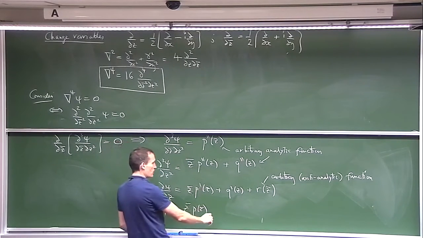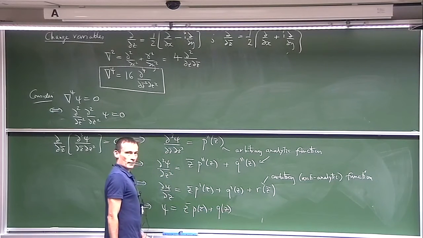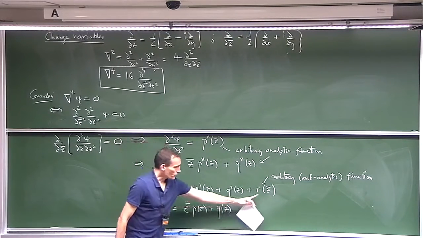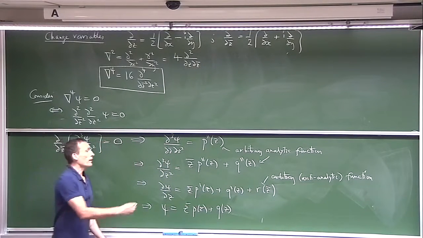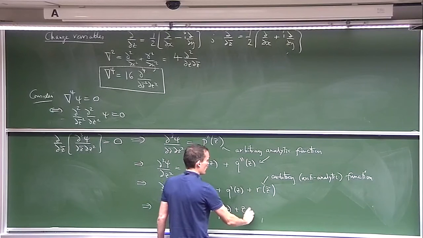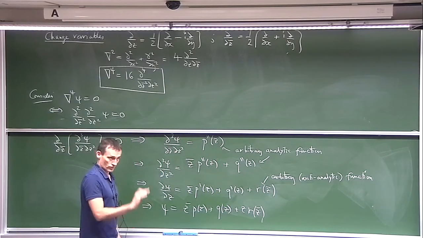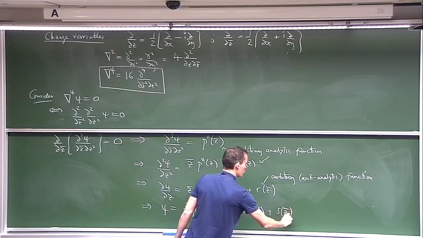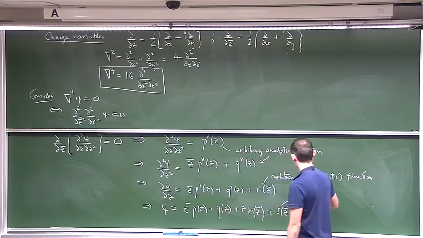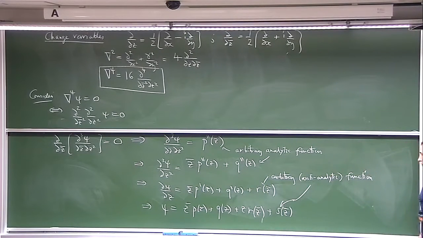All of these things are arbitrary, plus q of z. What's the integral of this with respect to z? It's z r of z bar. Z bar is fixed, it's constant, plus, of course, s of z bar, where this is another arbitrary analytic function.